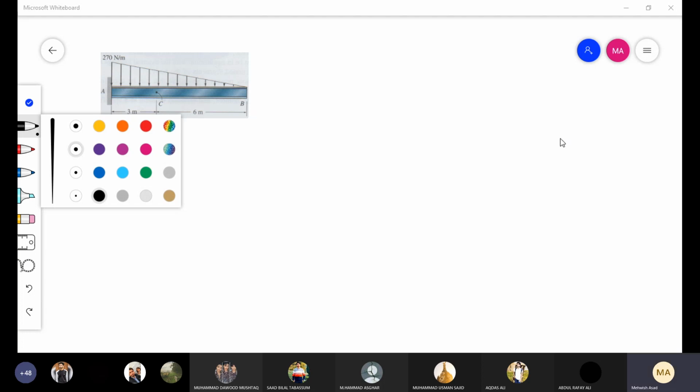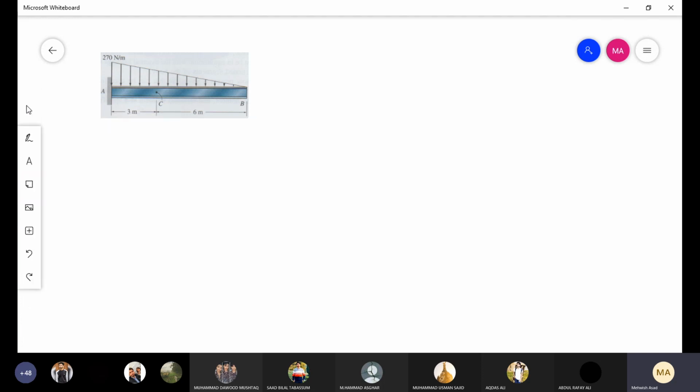Okay. What we were talking about: we need to calculate the resultant internal force at point C of the given beam. Can you see the whiteboard right now?